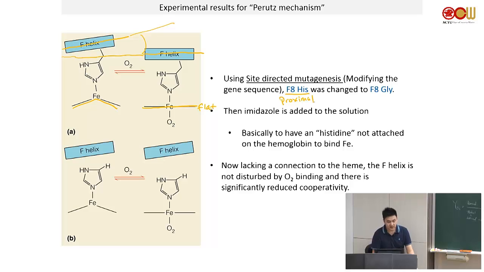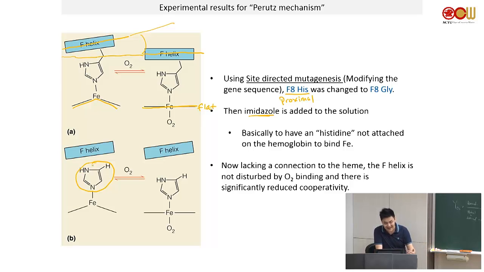And you'd be like, whoa, my heme is not happy without histidine. So what we can do is add imidazole. This guy is imidazole, that's the functional group from histidine. We add imidazole, and then imidazole will be attached to the hemoglobin.